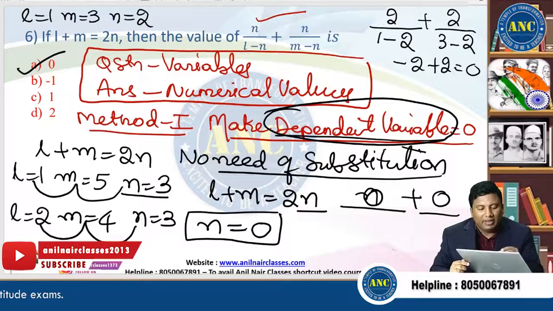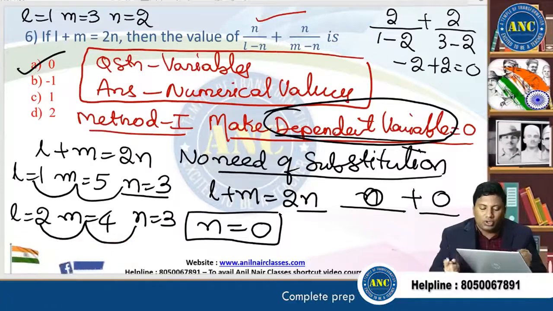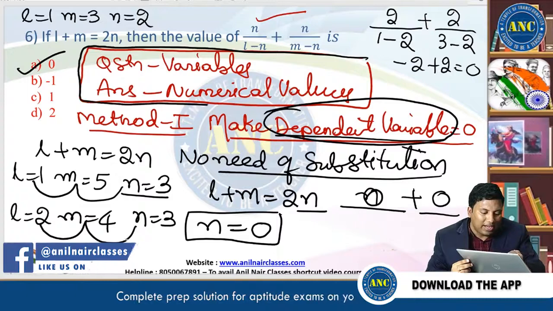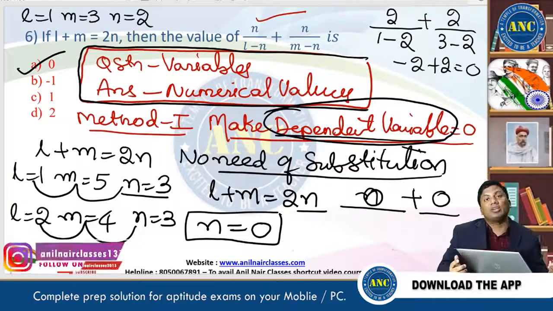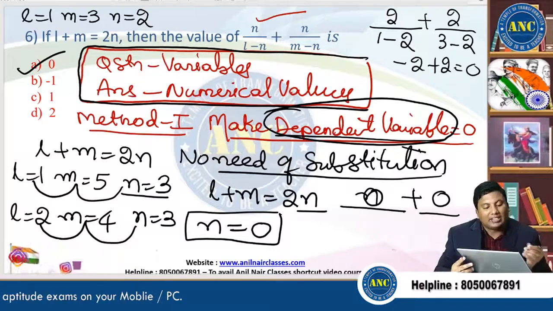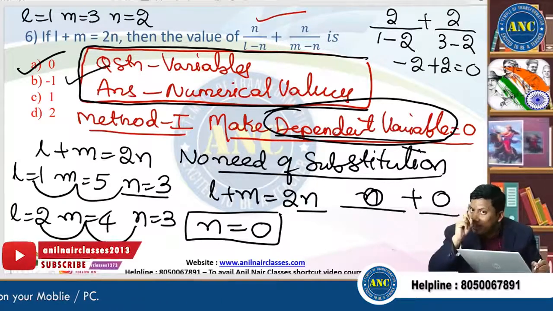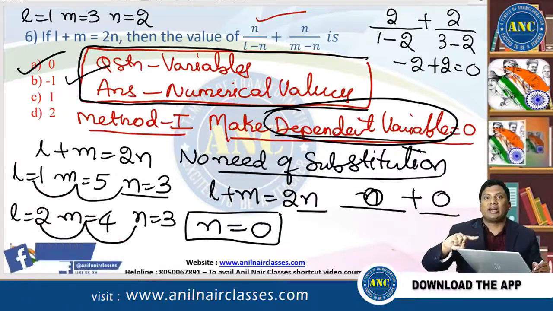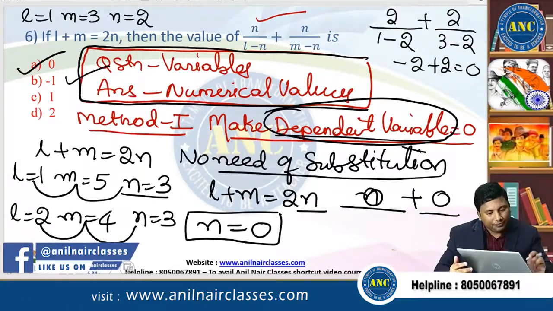Make dependent variable 0. This approach is used when the question has variables and the answer has numerical values. When the degree method is used, the question contains variables and the answer contains variables.